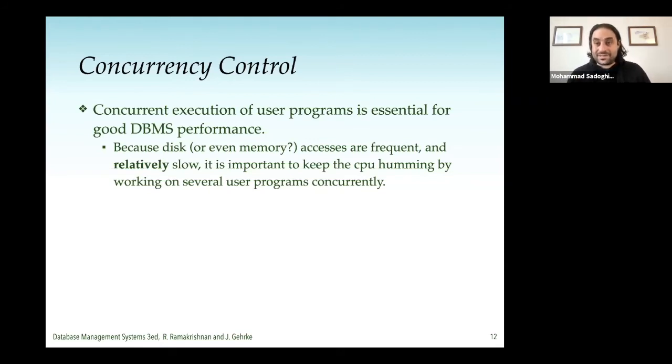That's the necessity of concurrent execution: either to hide the latency of going all the way to the library to get the book, or because there are so many other cores or processors available, and if you have just one user with one request at a time, all of them remain idle. So concurrency is essential in order to develop a performant database system.